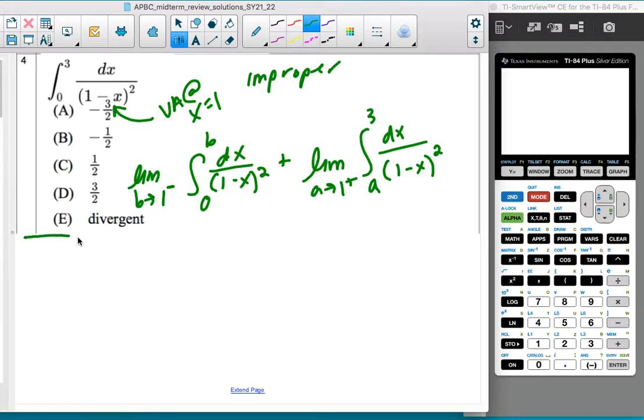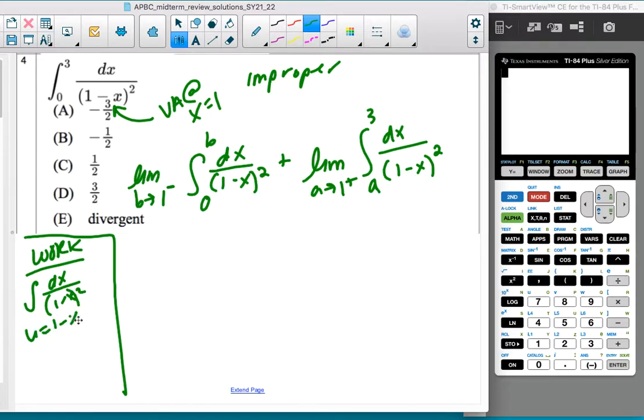Now, it is worth noting that I would probably cheat, and I would probably just do the work on the integral off to the side without the bounds, because this is a pretty simple u-sub integral. So u is 1 minus x, so my du is negative dx.